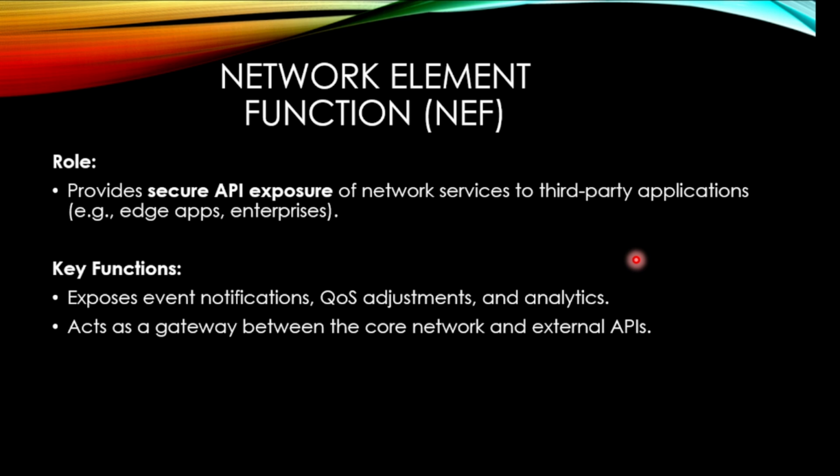It is an API that is secure and does not allow illegal entry to the network function to modify it. But it exposes its internal data, such as the location or the signal power, to a third-party application installed on a mobile phone. It also exposes event notifications, QoS adjustments, and different analytics, and acts as a gateway between the core network and external applications.